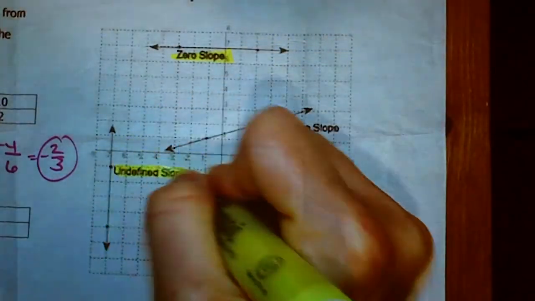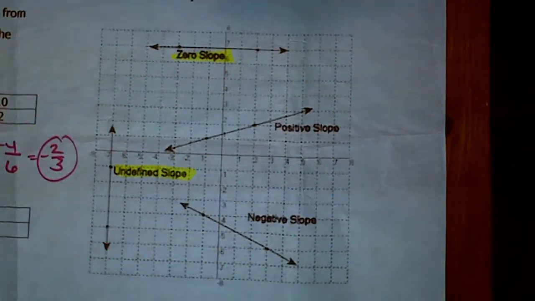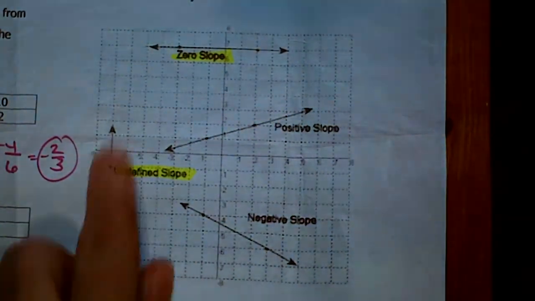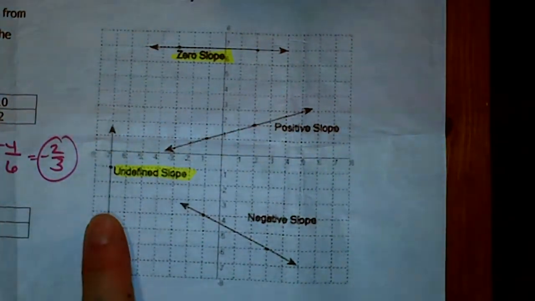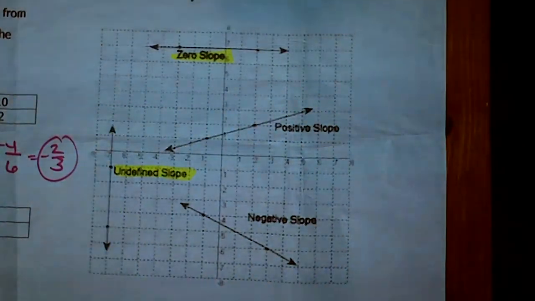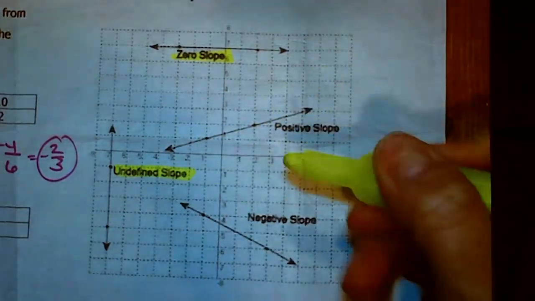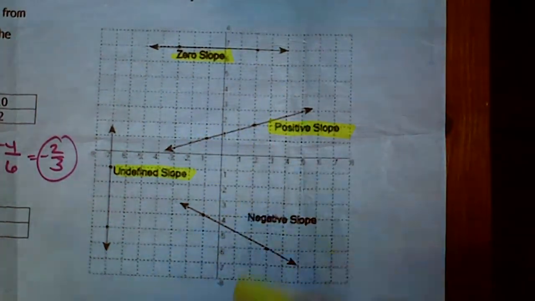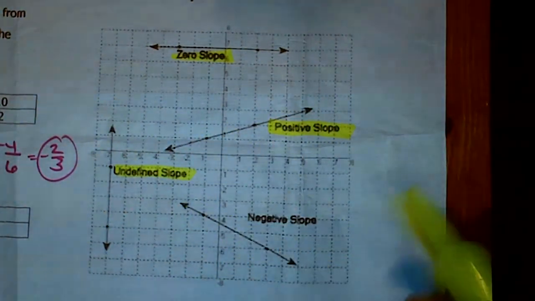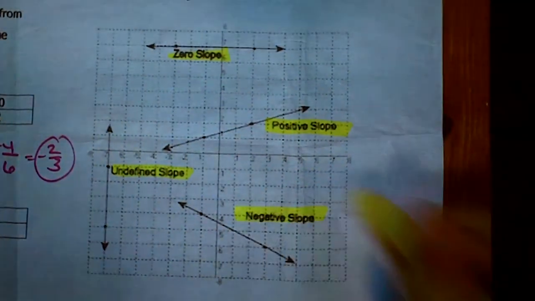If you see a vertical line, a vertical line has an undefined slope. There are no words for the slope of this. Just like if you went on a roller coaster like that, you'd probably have no words other than, ah! So undefined. If the line heads on up from left to right, that's a positive slope. And if the line heads on down from the left to the right, that would be a negative slope.